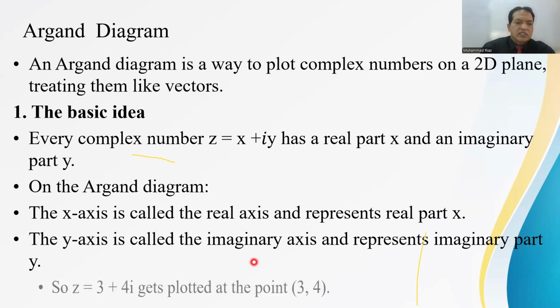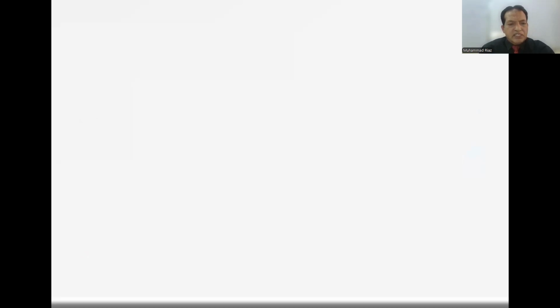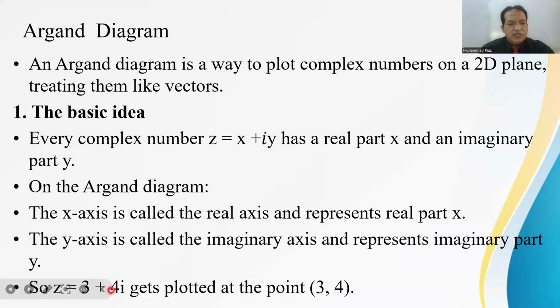Now students, we consider an example. A complex number z equals 3 plus 4 iota gets plotted at the point 3, 4.